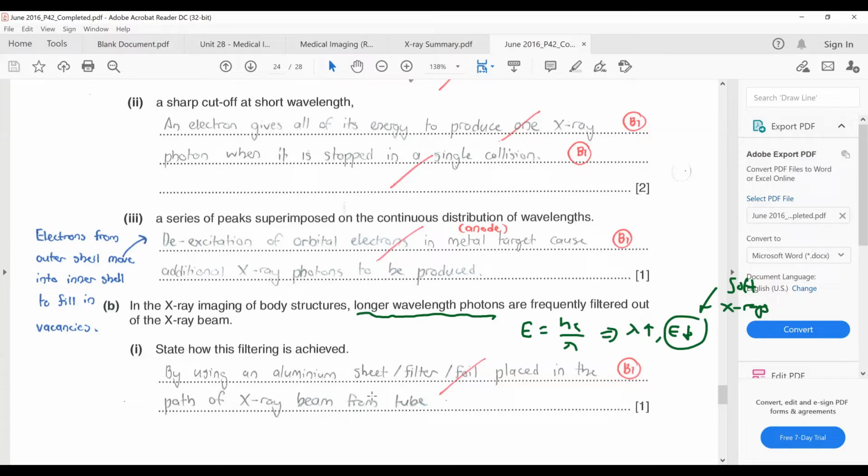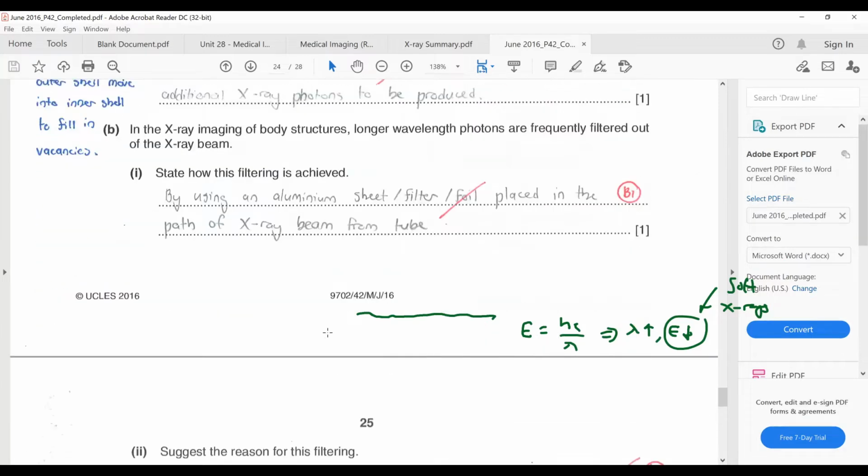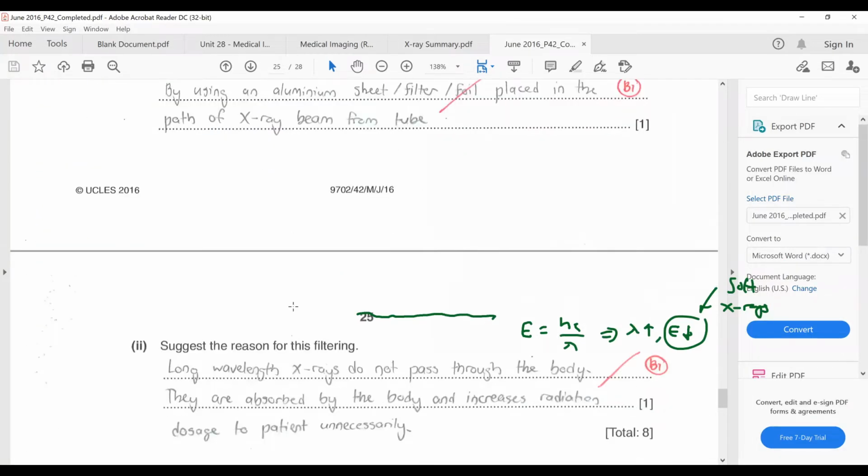All right. Then after that, if you look at the next page, they ask you to suggest a reason for this filtering. Why did you want to filter off the low energy X-ray photons? Why did you want to filter off the soft X-rays? So as I mentioned to you, the long wavelength X-rays actually don't pass through the body.